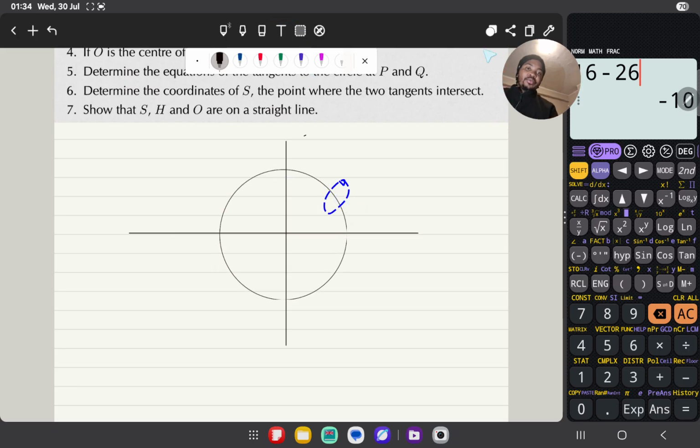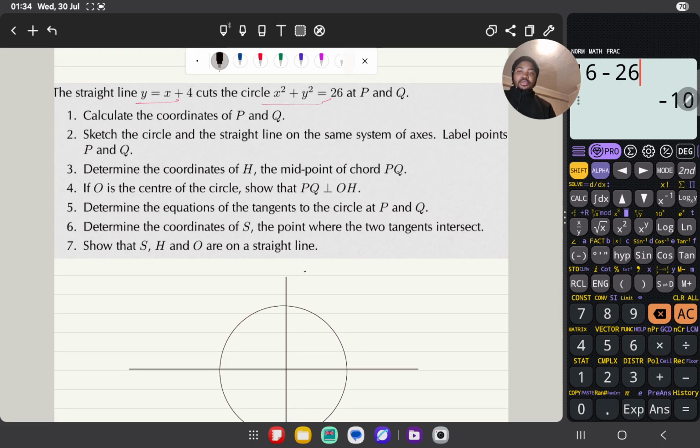Cool. We have our beautiful circle there and a straight line, y equals x plus 4. So I'm going to have a 4 here.